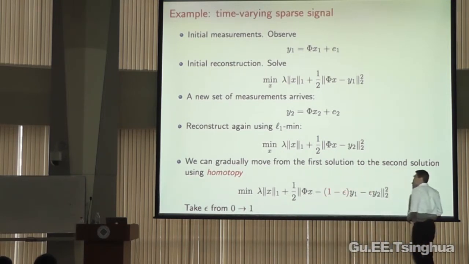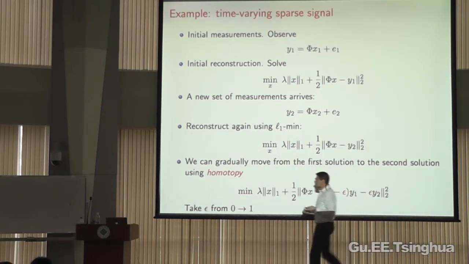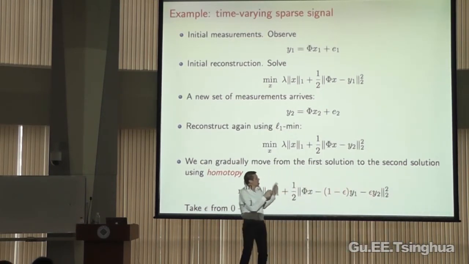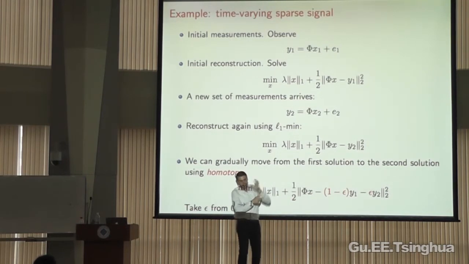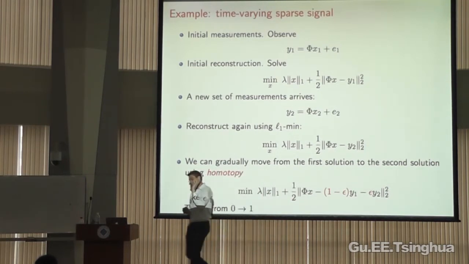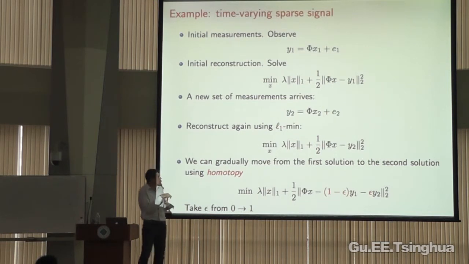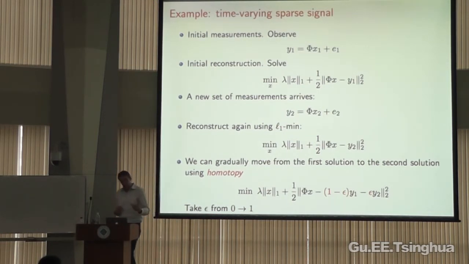When epsilon equals 0, I am at the solution to this problem. Now as I change epsilon to 1, this guy goes away, and I'm at the solution to this problem. So the idea is, if I know the solution here, let me change epsilon slowly and see if I can track the solution as I change epsilon from 0 to 1, thus moving from the solution of this program to this program. So that's the basic trick.